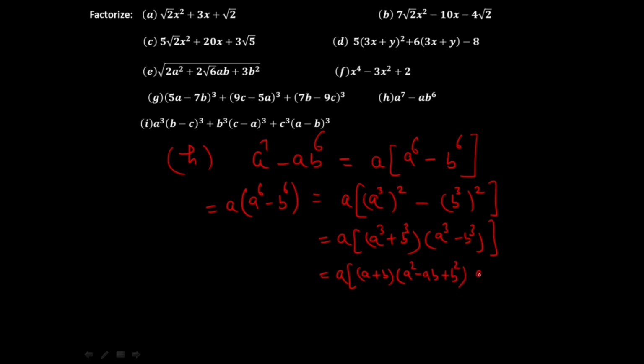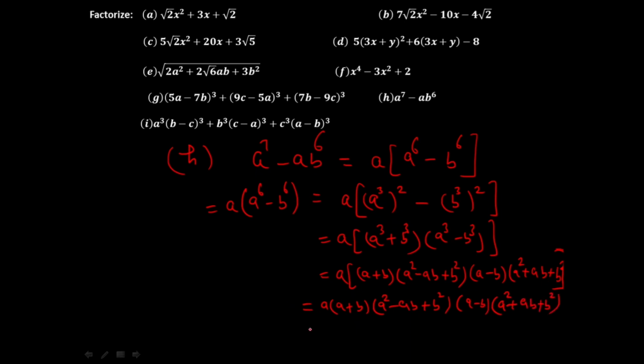Same here, the identity a cube minus b cube is a minus b, a square plus ab plus b square. So the final answer is a plus b, a square minus ab plus b square, a minus b, a square plus ab plus b square.